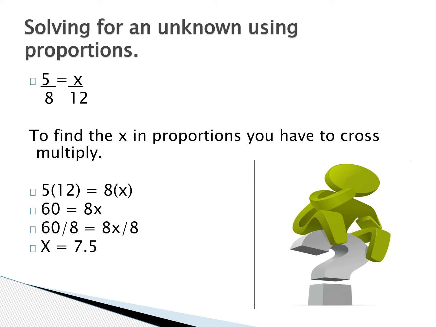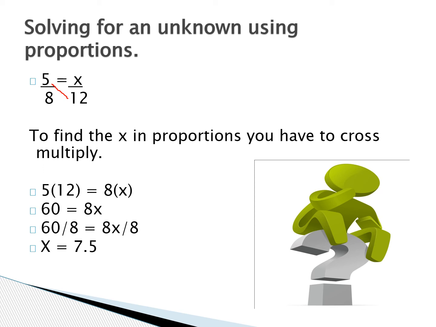Okay, so now we're solving for x. We have to figure out, how can I make this equivalent? What number would I need to put here that would make that equivalent? So we're going to cross multiply. I'm going to take 12 times 5, which gives me 60.